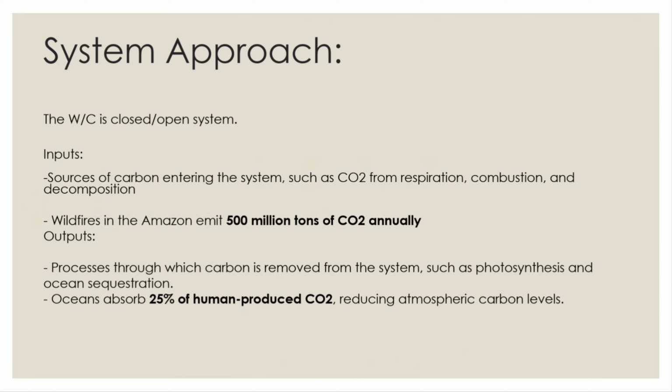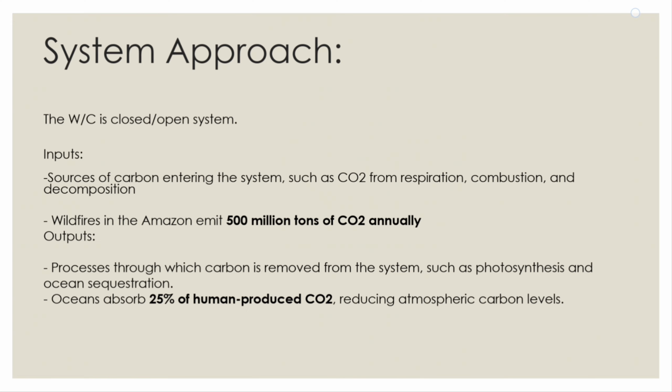Here is the same or similar outline that I've also used for the carbon cycle. So you may say we have carbon being inputted into our atmosphere from combustion, and then give an example. And then you may say the Amazon emits about 500 million tons of carbon annually from wildfires.